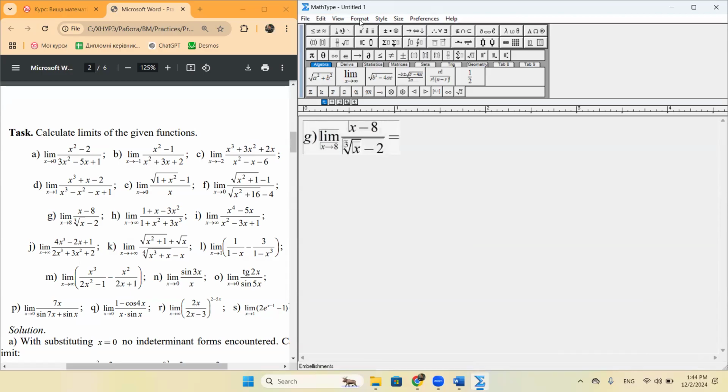So again an indeterminate form, 0 divided by 0. How to solve it? What can we use here? Which formulas, which methods to eliminate such an indeterminate form? Any ideas?